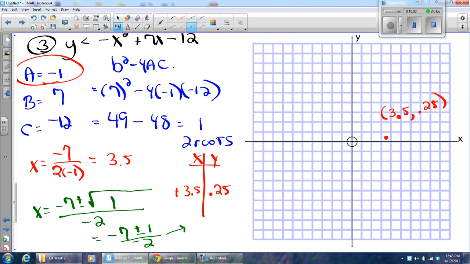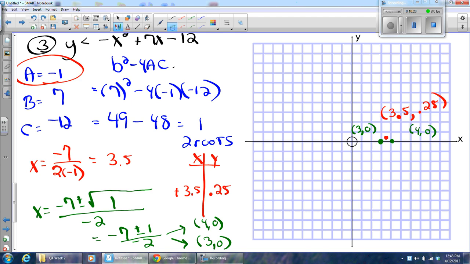That's going to yield 2 roots. Negative 7 minus 1 is negative 8, divided by negative 2 is going to be 4, so (4, 0). Then negative 7 plus 1 is negative 6, divided by negative 2, is going to be 3, so (3, 0). So I have a root there, (3, 0), and a root there, (4, 0).